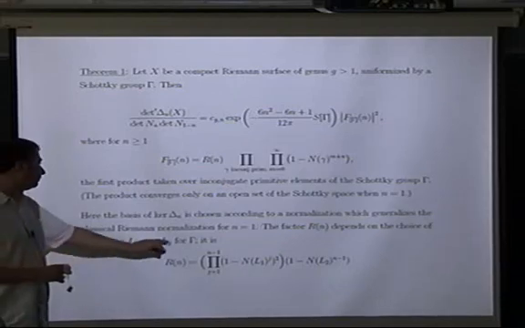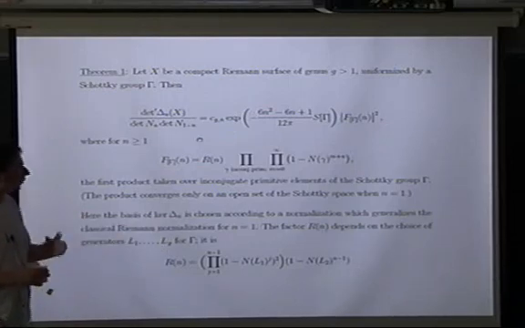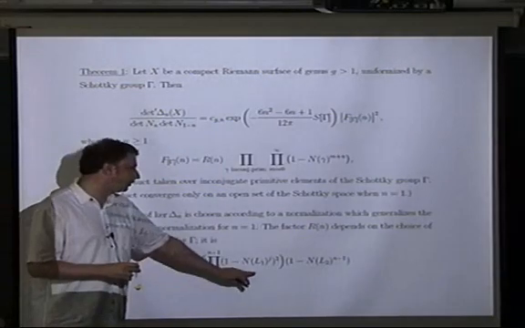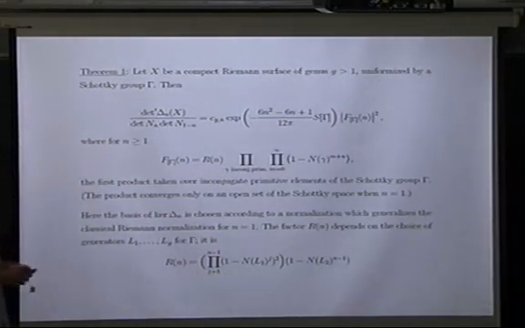And so for n equals 1, you have the classical normalization for abelian differentials, and you have to make an extension of that normalization in order for this to work. And so depending on the parameters you take in the extension, you get some extra factors in this zeta function.